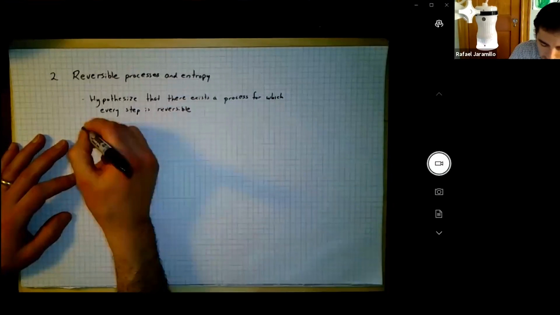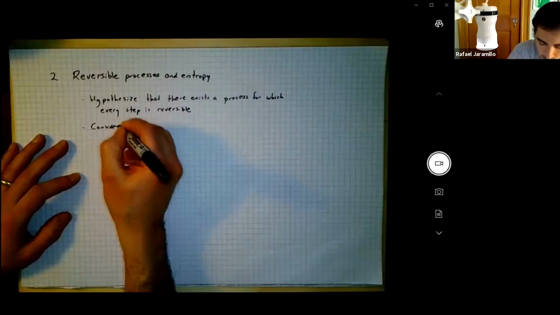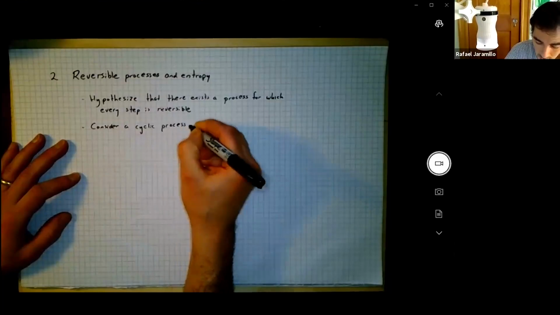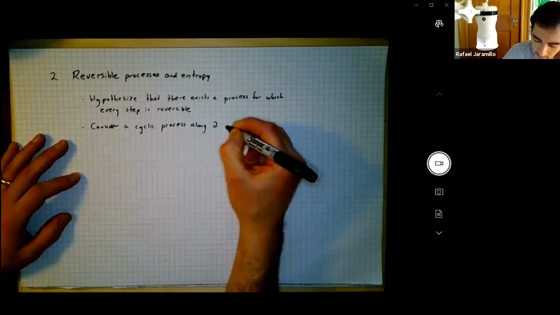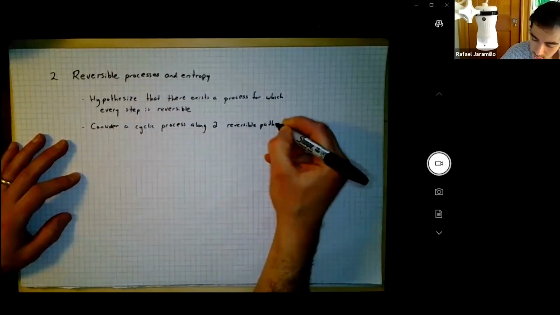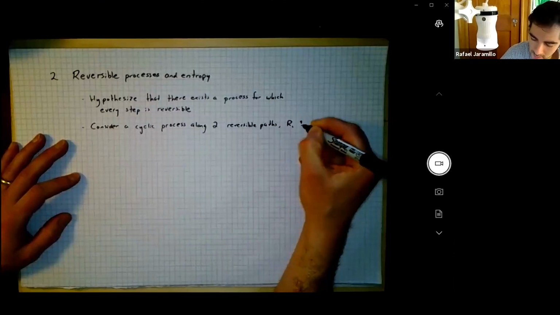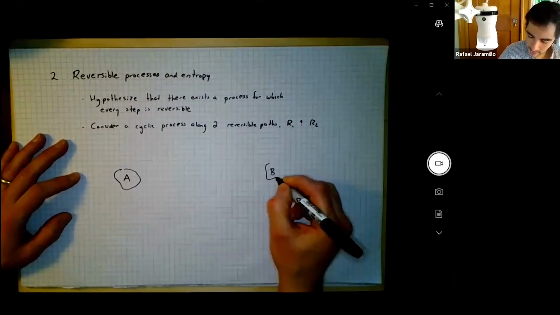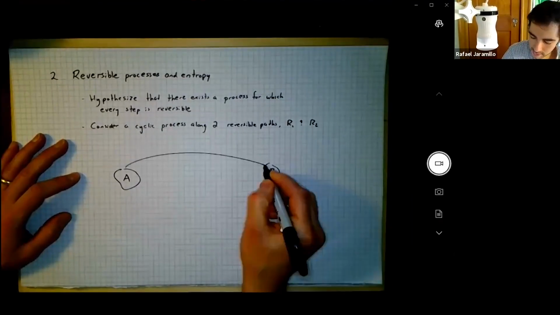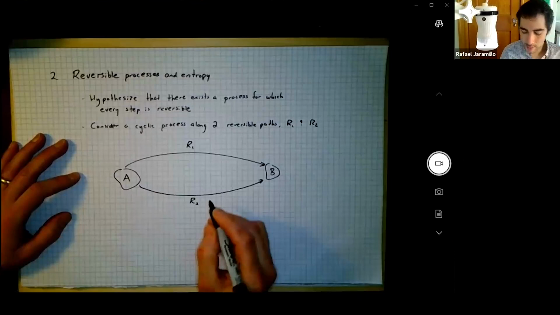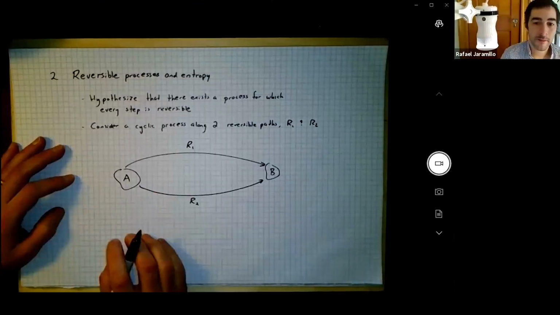And we're going to consider a cyclic process along two reversible paths, R1 and R2. And this is what I mean. We have some state A, we have some state B, and there are two ways to get from A to B. And both of these paths are reversible.